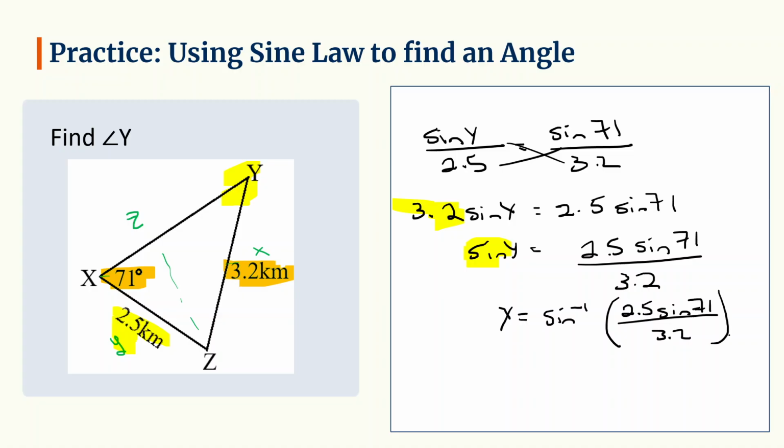I know my calculator really well, so I can pretty much type this in exactly as it appears, and it'll just tell me what y is, and I won't have to worry about in-between steps where I've rounded. So when I calculate y, I get a value of 48 degrees.